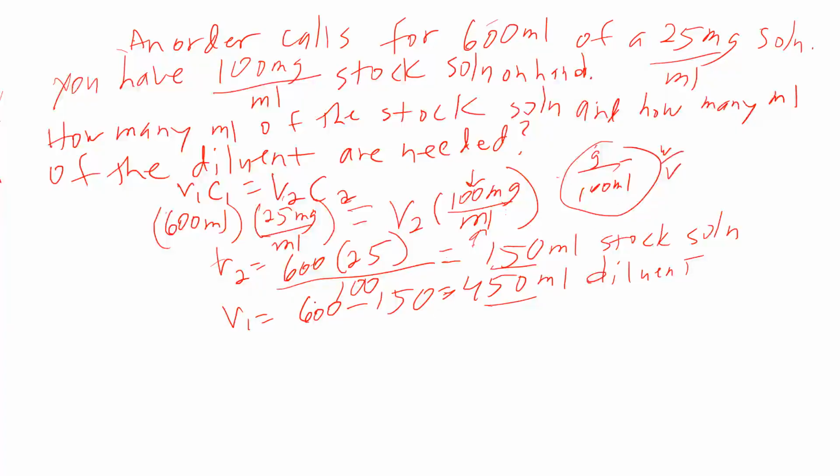So when we have 25 milligrams per mil, if we multiply by 100, both top and bottom, remember, when you multiply the top and the bottom by the same number, it's still the same number, because 100 divided by 100 is 1.